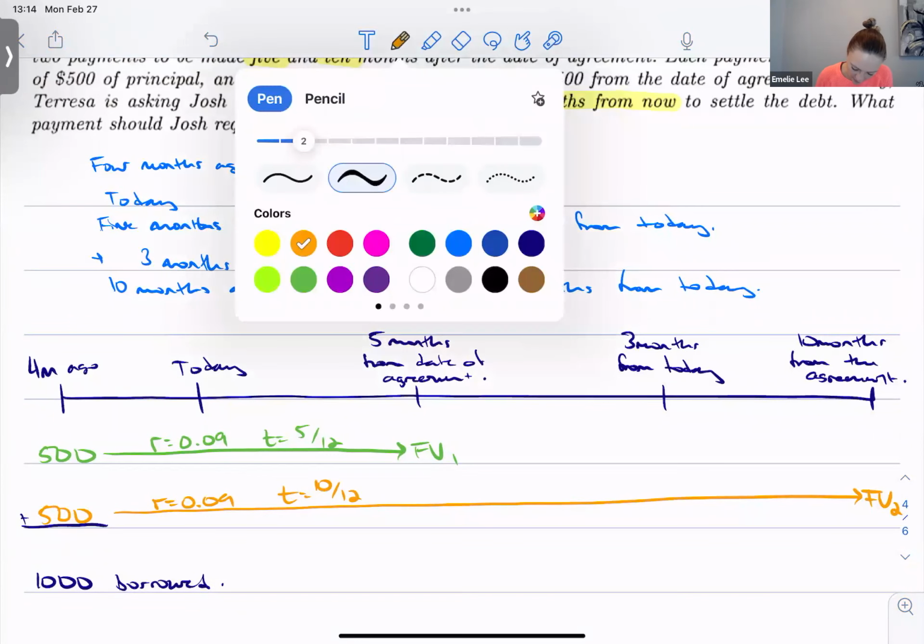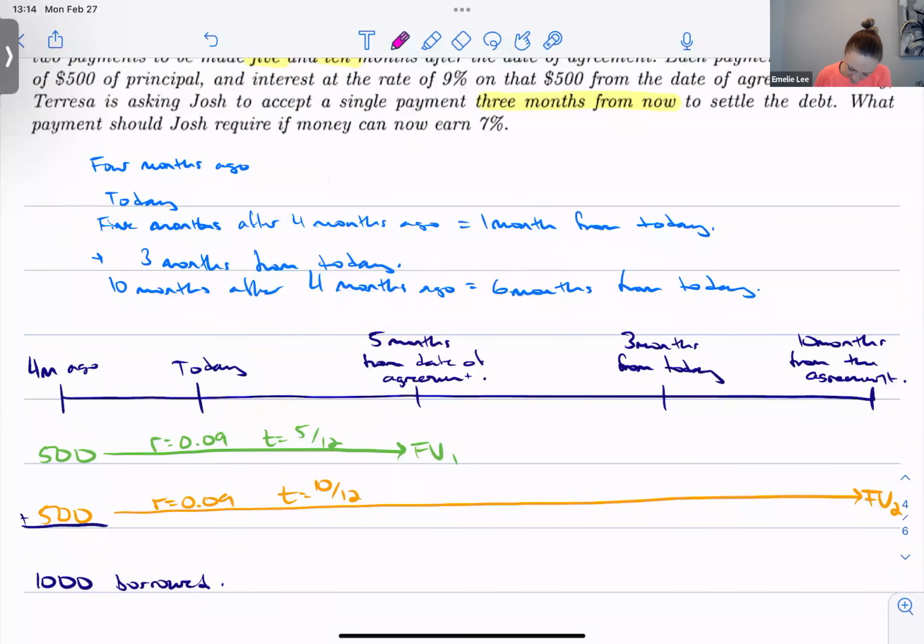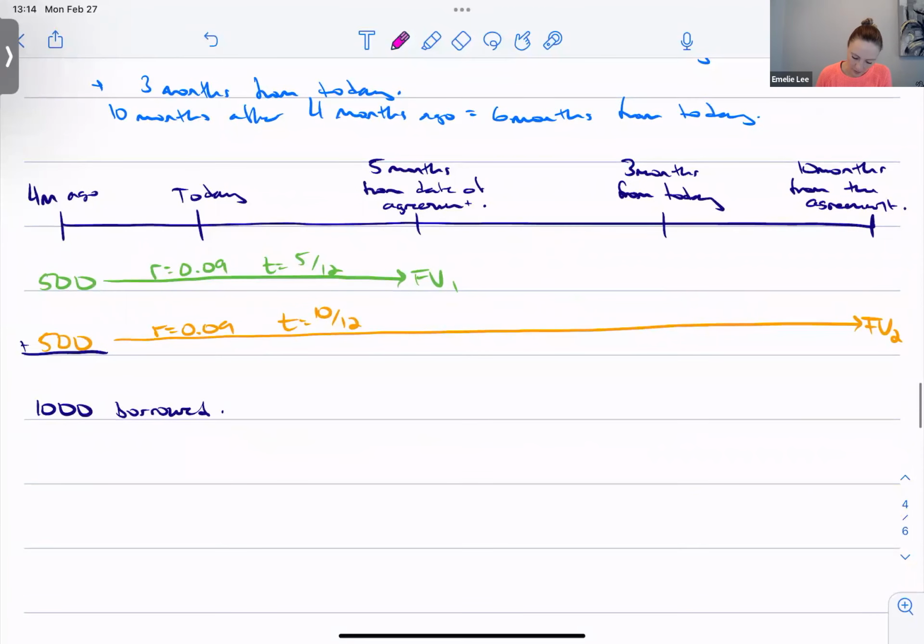So what this is going to look like, and I'm going to use pink for this one because it is so kind of weird. And maybe what I'll do is the future value becomes the principal amount for payment number 3 that we're going to calculate.